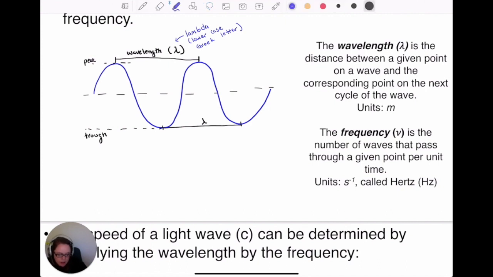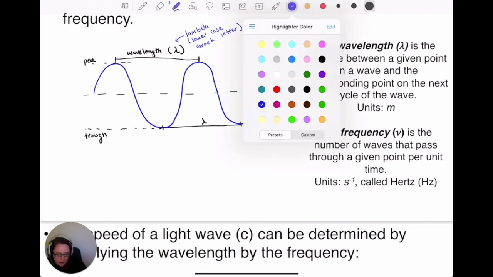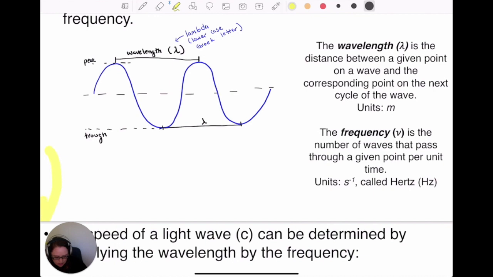Okay. So we have our sun, white light source. And then I'm just going to pick one color of light. So if we think about our blue light moving forward from the sun.